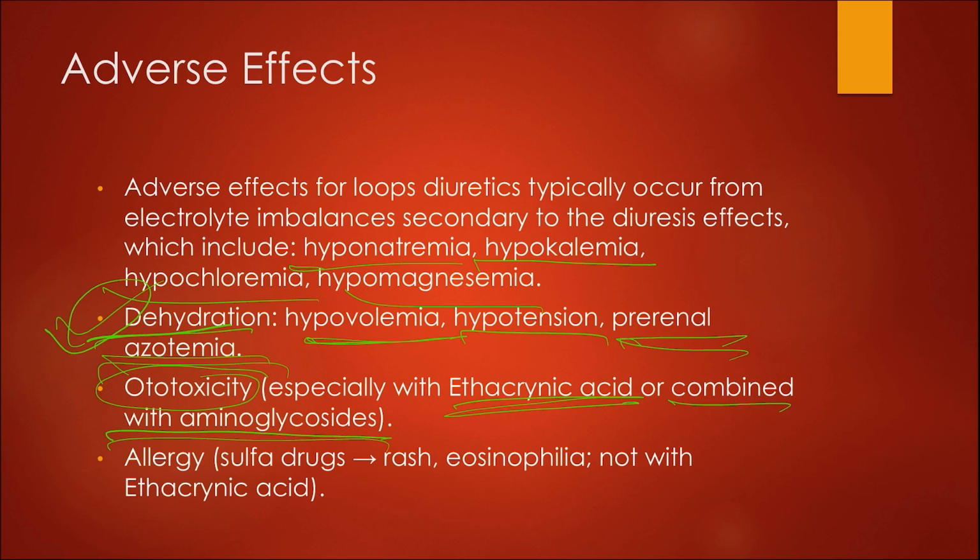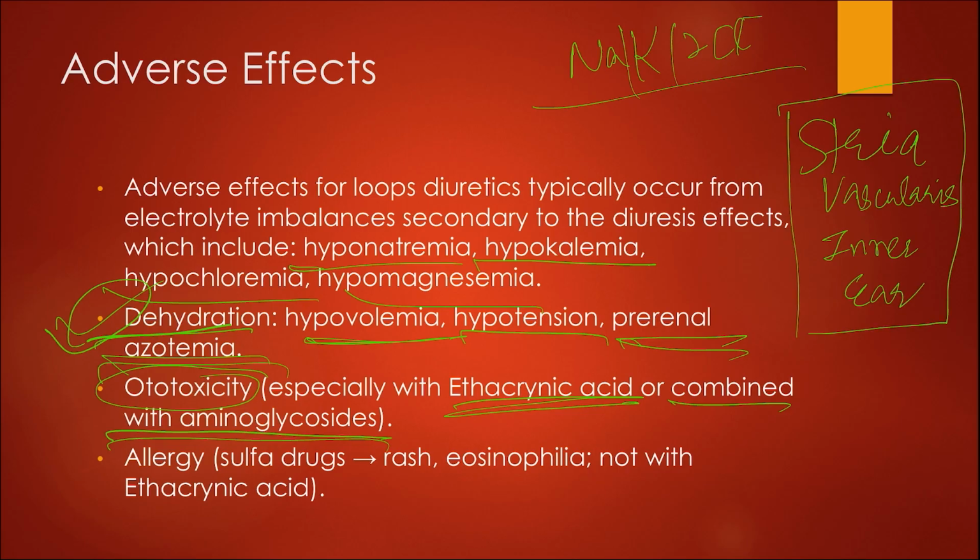Because it not only blocks the sodium potassium 2 chloride cotransporter in the kidney, but it also blocks the sodium potassium 2 chloride cotransporter or symport in the stria vascularis. This stria vascularis is a structure within the inner ear.